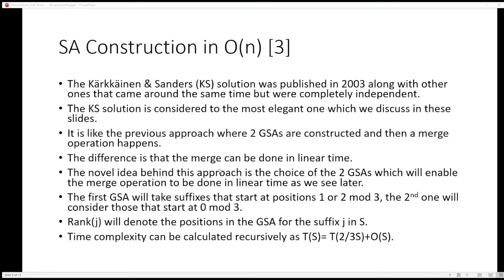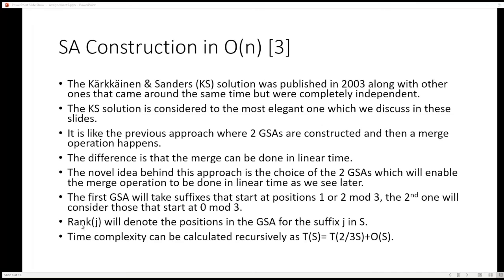The difference here is that the merge can be done in linear time, and the novel idea of his work is in the choice of the two generalized suffix arrays, where the first one will consider suffixes that start at positions 1 or 2 mod 3, and the second one will consider those that start at 0 mod 3.